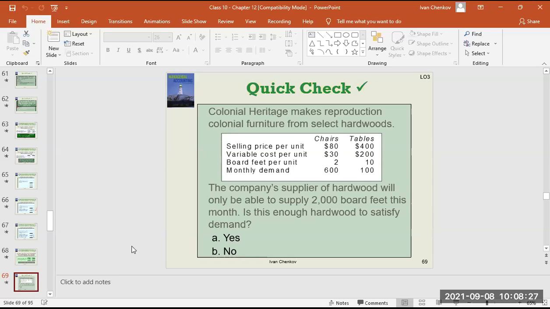So the contribution margin per table is $200. Now the tricky part is that to produce one chair, we need 2 board feet per unit, and to produce one table, we need 10 board feet. Monthly demand: currently the market demand is 600 chairs and 100 tables.